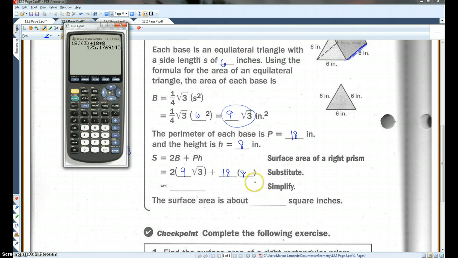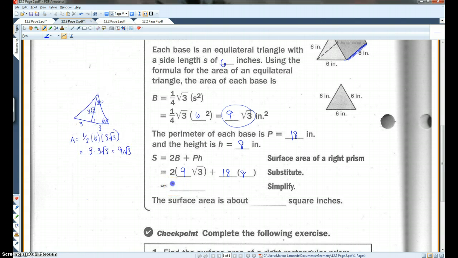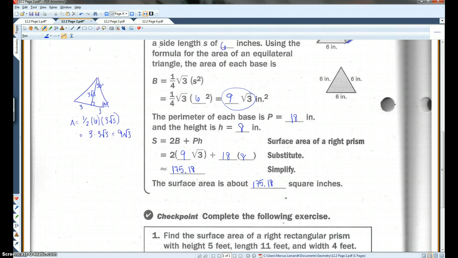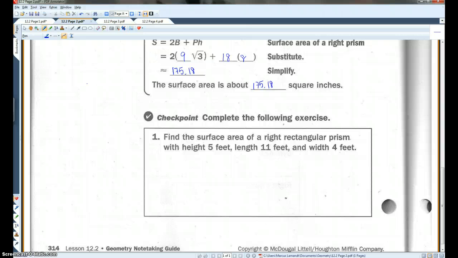There we go. So it is approximately 175.18. So the surface area is about 175.18 square inches.